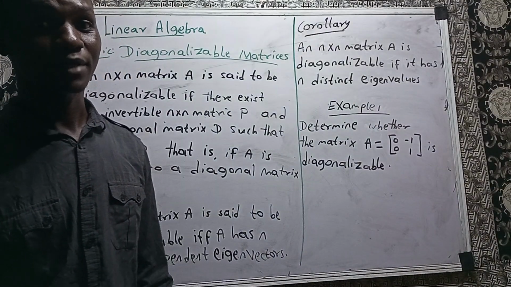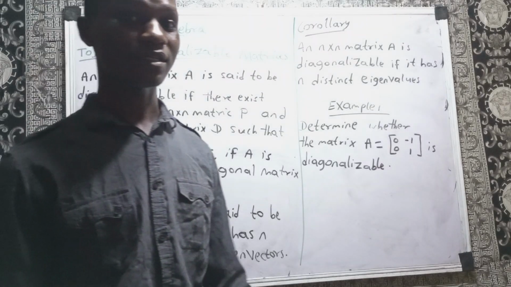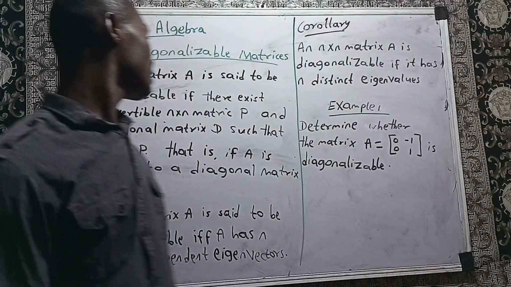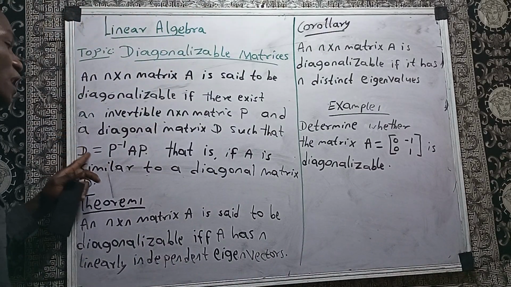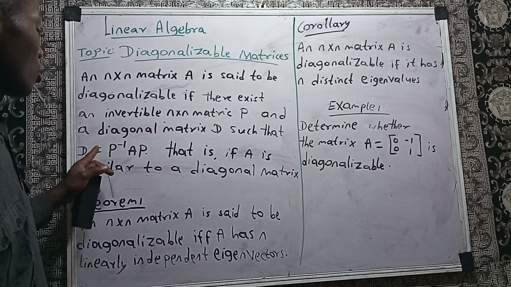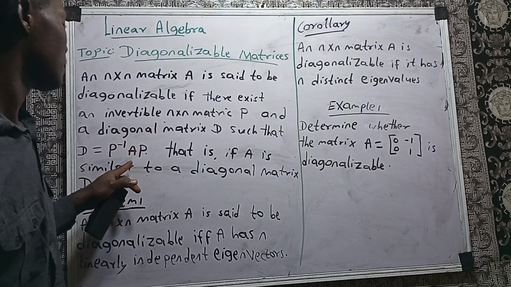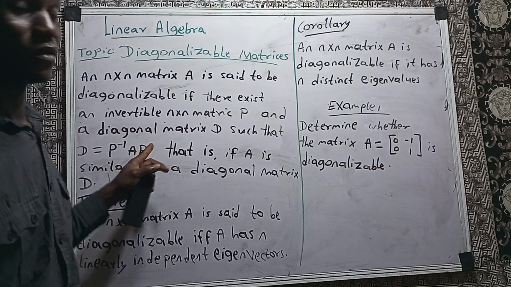and a diagonal matrix, let's just call it D, such that this diagonal matrix is equal to P inverse of AP.